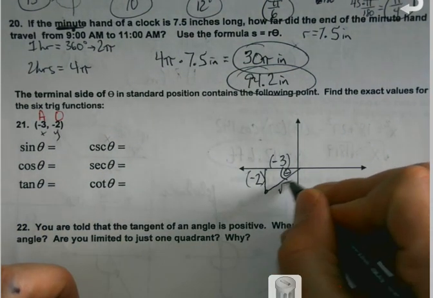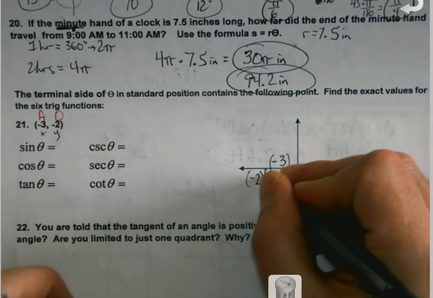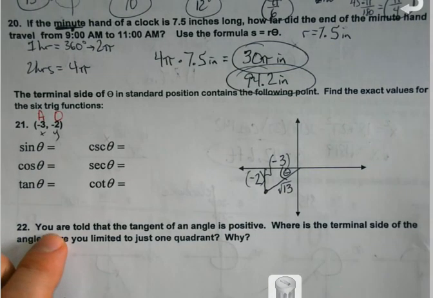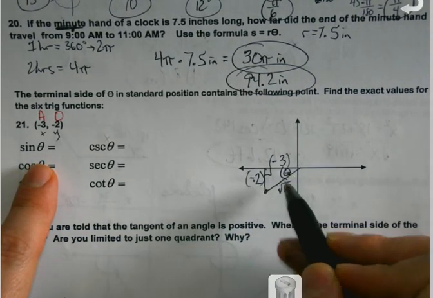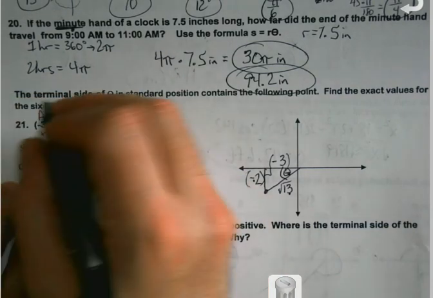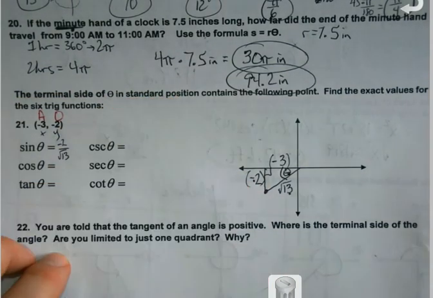You should get the square root of 13, which isn't going to break down, because negative 3 squared is 9 and negative 2 squared is 4. 9 and 4 gets me the 13. And then I can just start running with this. So for instance, my sine, here's my reference angle, is opposite over hypotenuse, but remember, I'm going to have to rationalize that, but I'll come back to it.